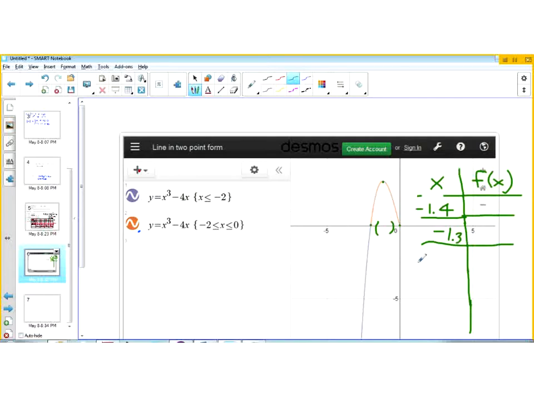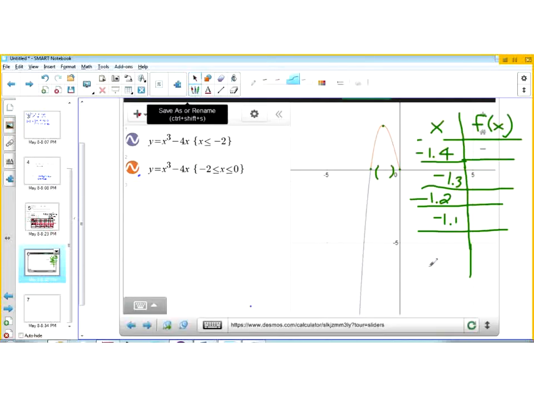All right, so -1.3, -1.2, -1.1, -1, -0.9, -0.8. Okay, so let's calculate the output of these different values of f of x.